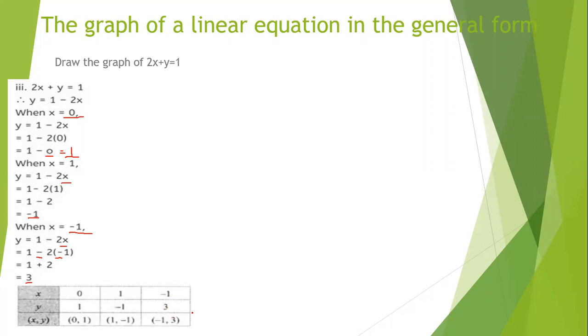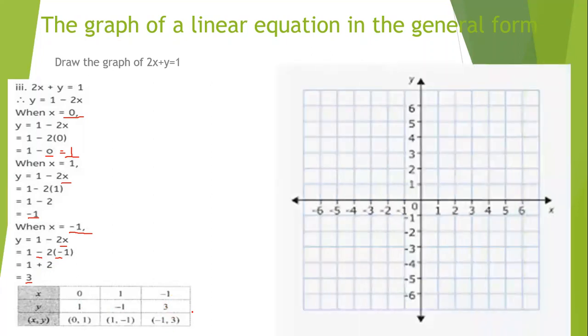With the help of this table, we are going to plot the points on the graph paper. So let's begin. The first is 0 comma 1. And whenever there is a 0, it means the point is on an axis. Now, this point is on which axis? This point is on the y-axis because the x coordinate is 0, right? So, on the y-axis, we have 1 over here.